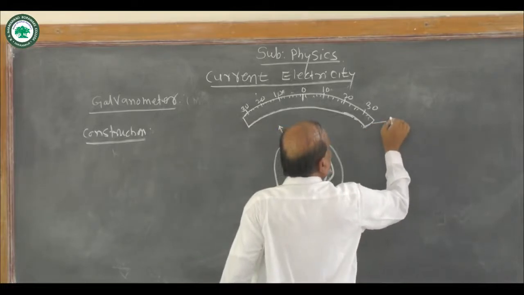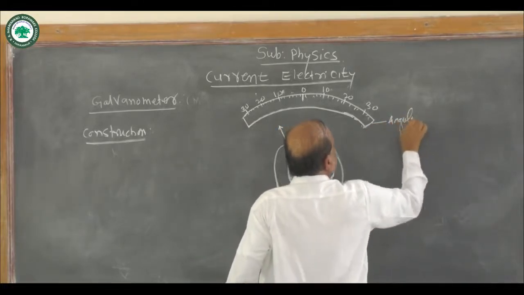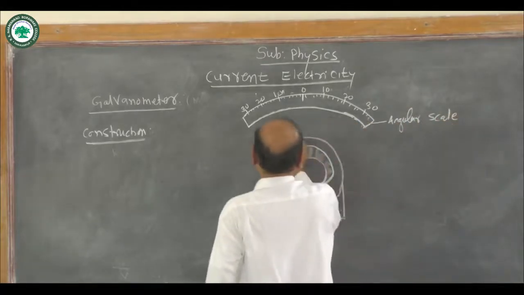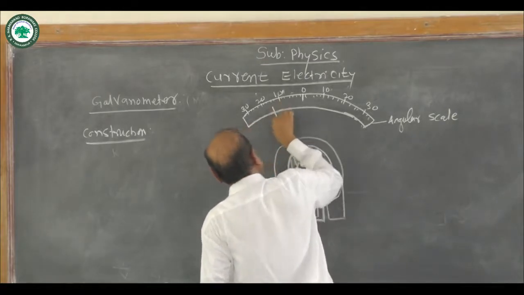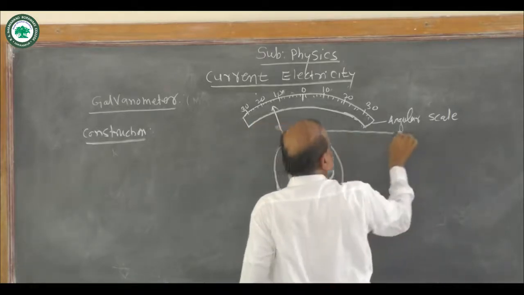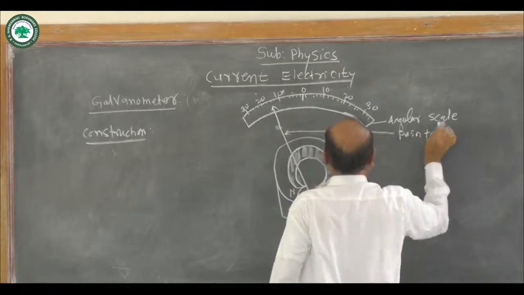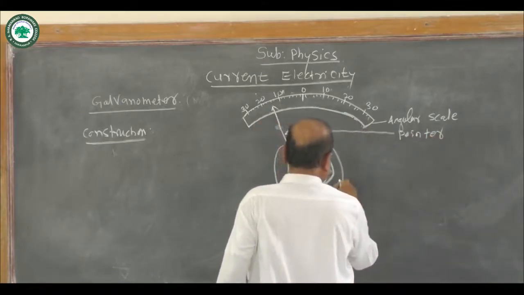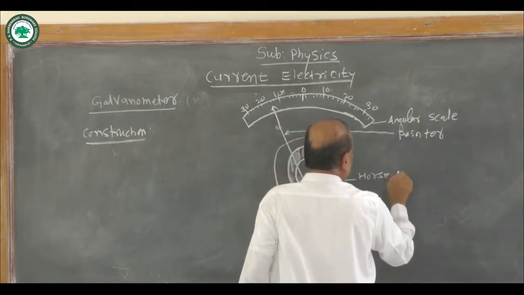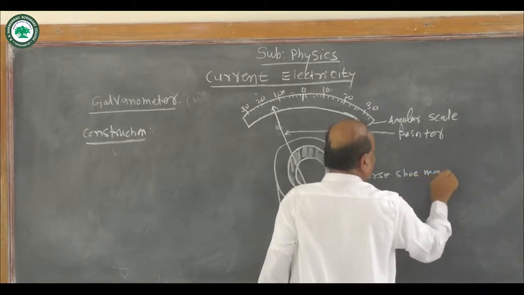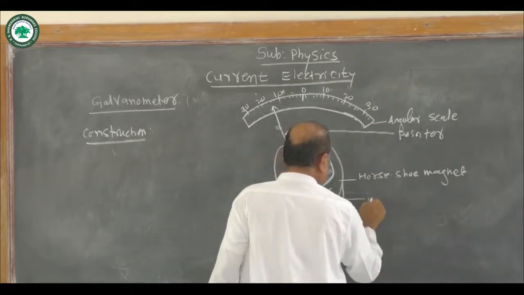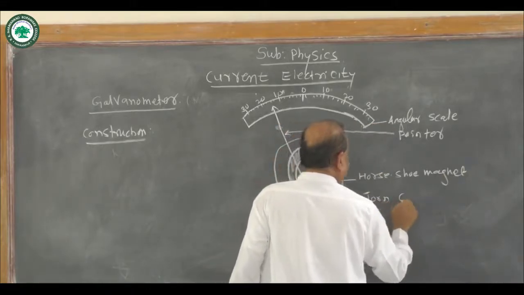Now this is an angular scale. This is a pointer. This is a horseshoe magnet. Here is an iron core.